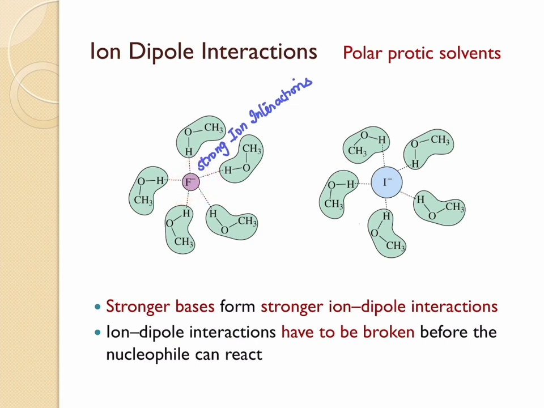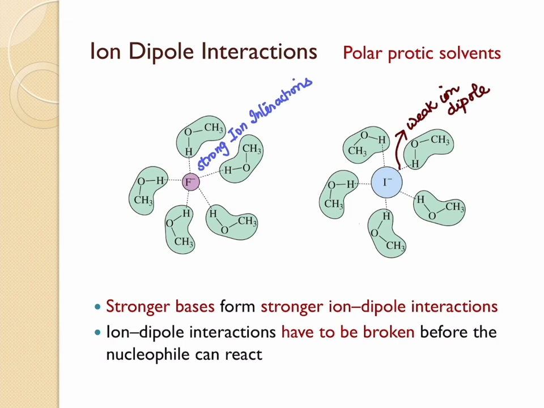Right? On the other hand, I minus is a weaker base, which means it's going to form weak ion dipole interactions here. So here it would be only weak ion dipole interactions. Or in other words, this I minus is not trapped well enough in polar protic solvents, and therefore it is available for the nucleophilic attack.